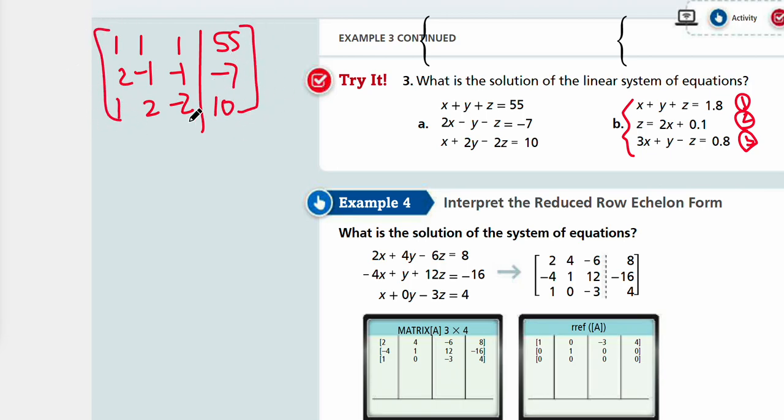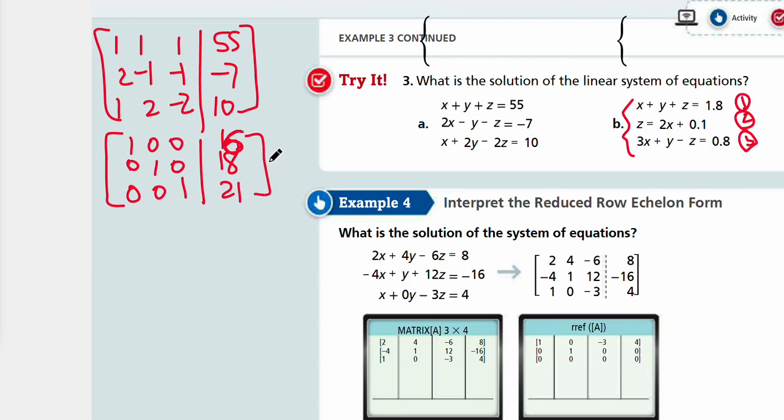And then your reduced row echelon form should be 1, 0, 0, 16; 0, 1, 0, 18; and then 0, 0, 1, 21, right? So your answer is 16, 18, 21.